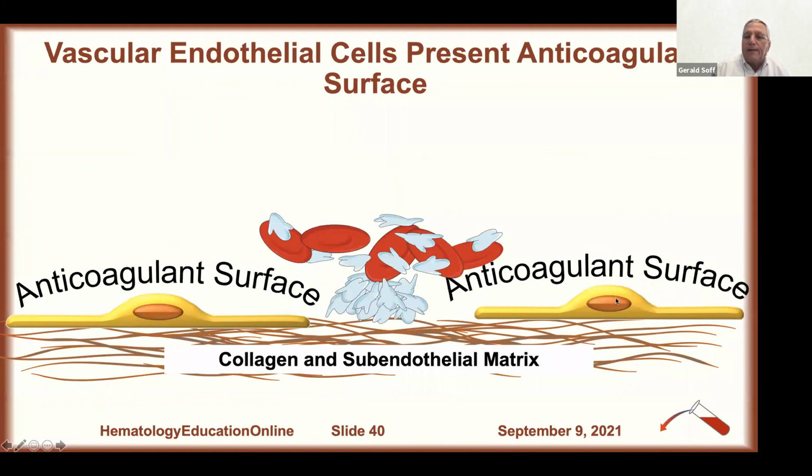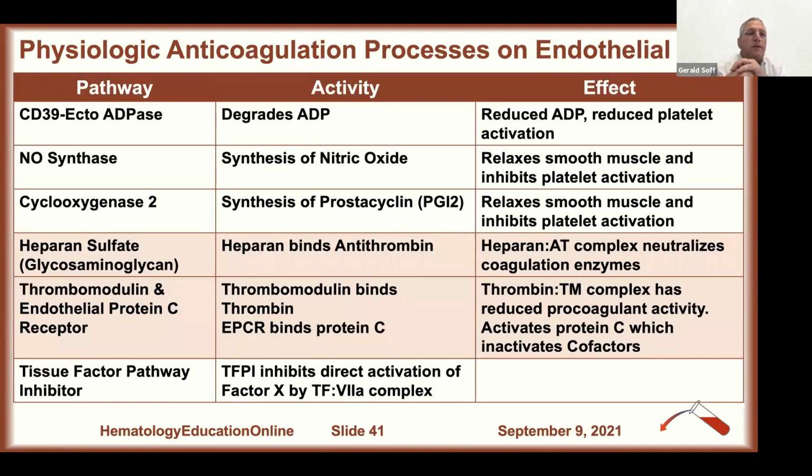But where the endothelial cells are intact, you do not want the blood to clot. So the endothelial cells are the adjudicators, so to speak, on whether the blood is going to clot or not. And there's a range of factors, a range of processes on intact endothelium that inhibit or actually reverse the procoagulant state.